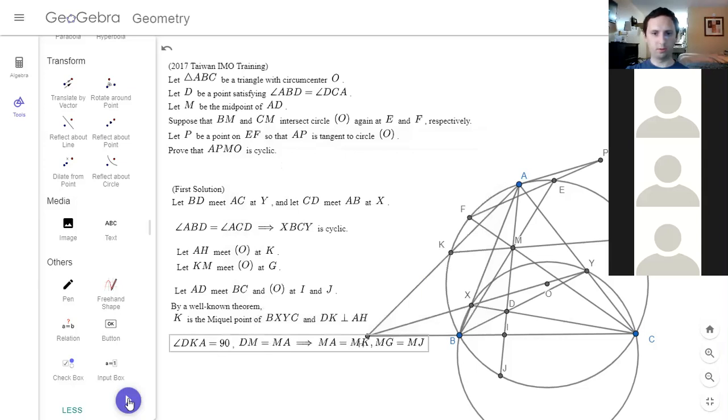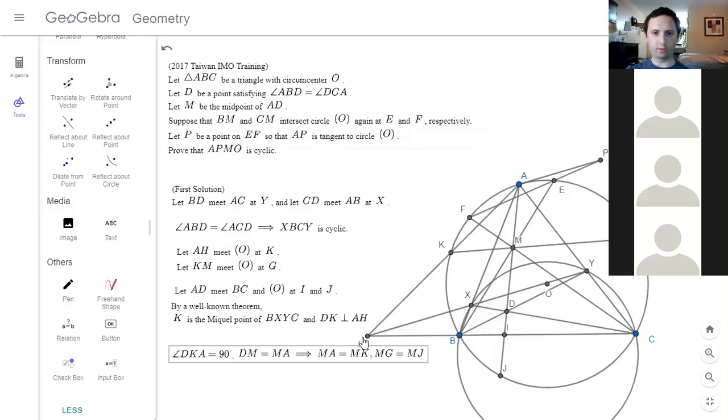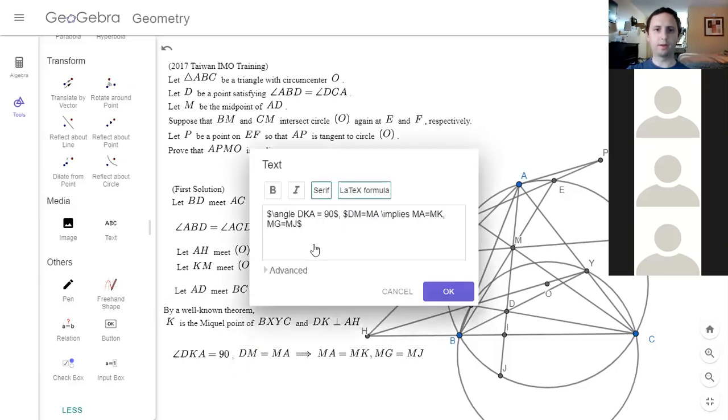And so then, by an angle chase, we can show that AMOG is cyclic.